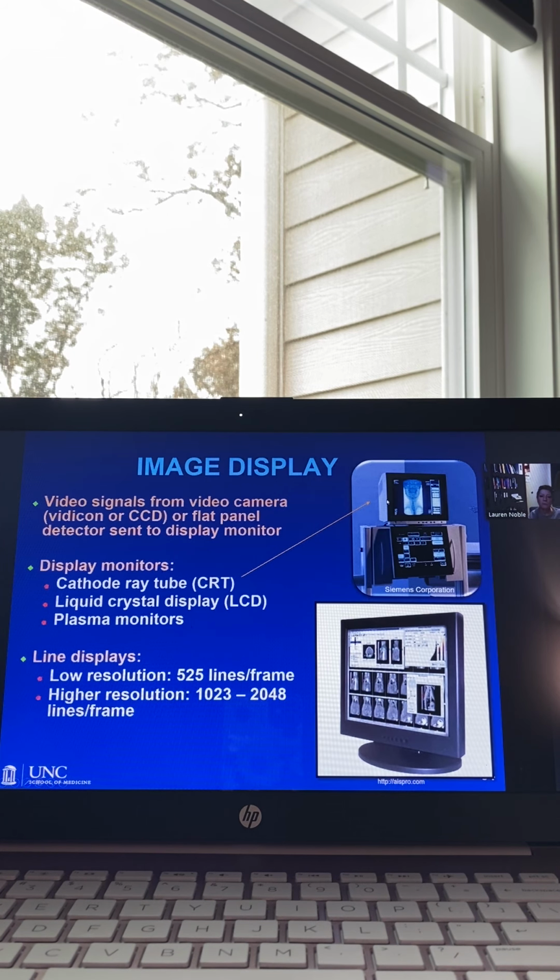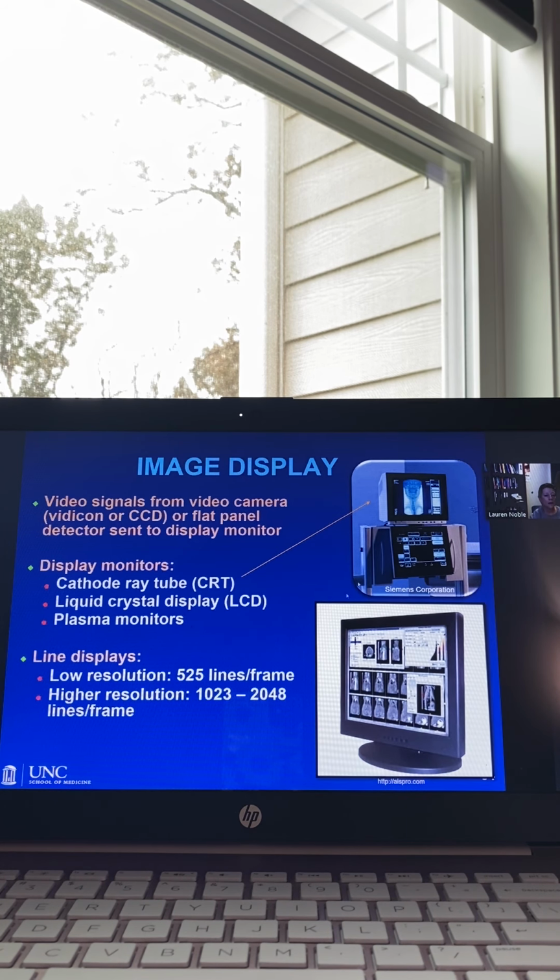It's really deep and bulky. These cathode ray monitors are used with the older fluoro units that use continuous fluoroscopy, because the images have to display in an interlaced format, because of the technology in that cathode ray tube. It can only display the image a particular way, and it can only do it so fast.